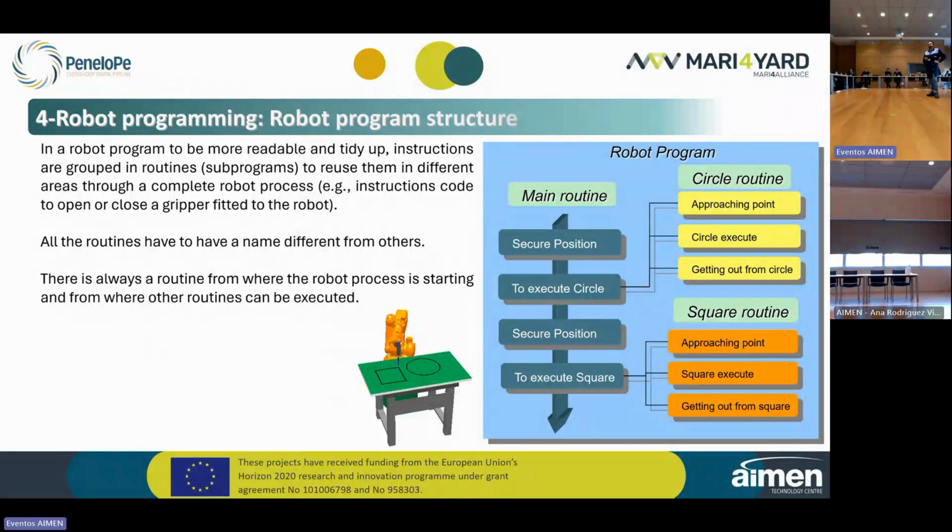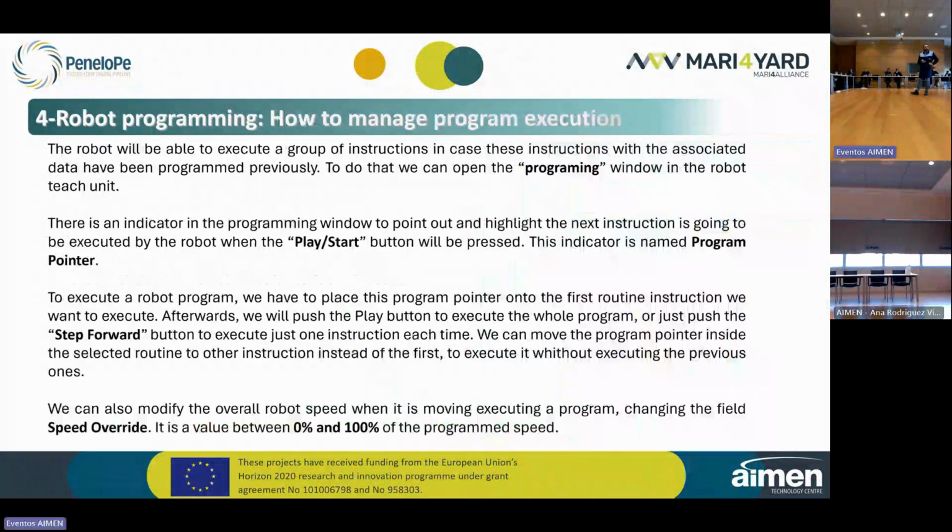In that way, the robot could perform a process to draw, for example, a square or a circle on a table. And this is the way of the structured program. Not all the instructions together in a messy way, but structured in different routines inside of the program. So, what else about this?